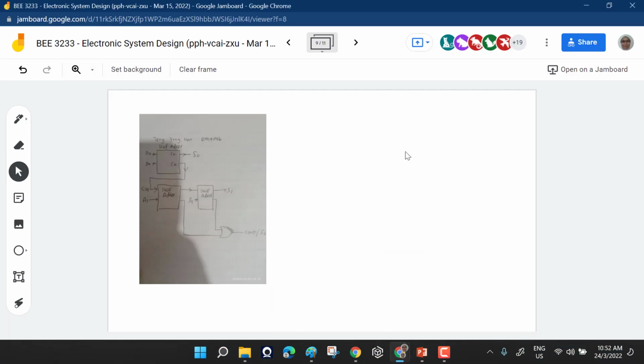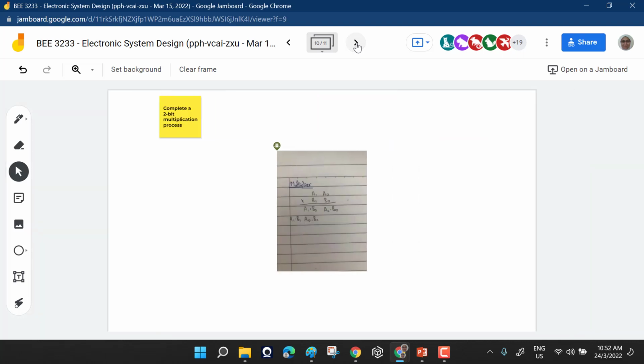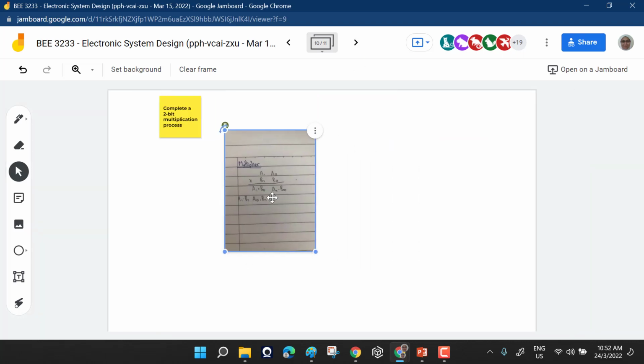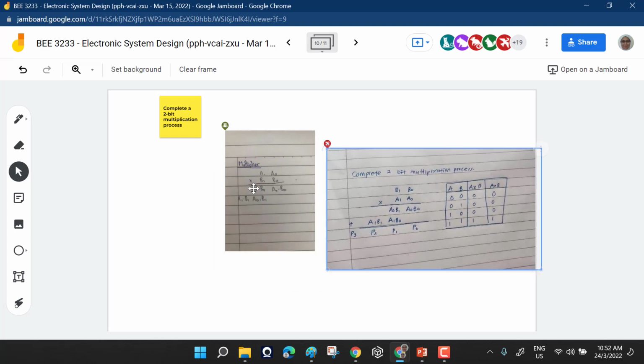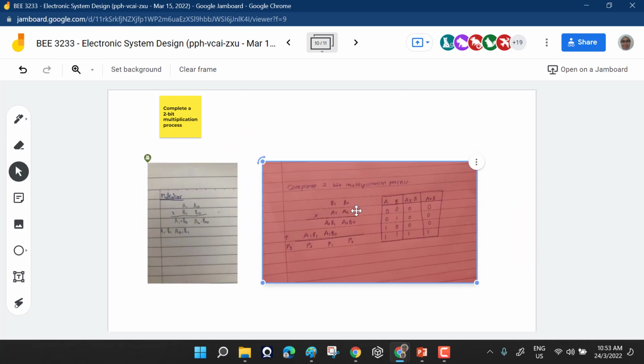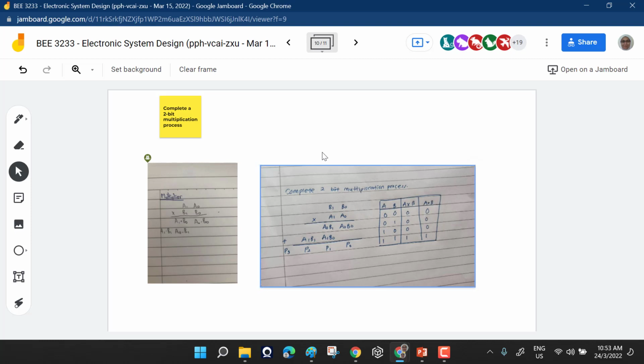Can you guys do that? Okay, when we talk about the process, why do we do this? Because we want to see what the input and output involved are. The first answer that I received, this one, is correct but incomplete. The complete one should be something like your friend showed here.